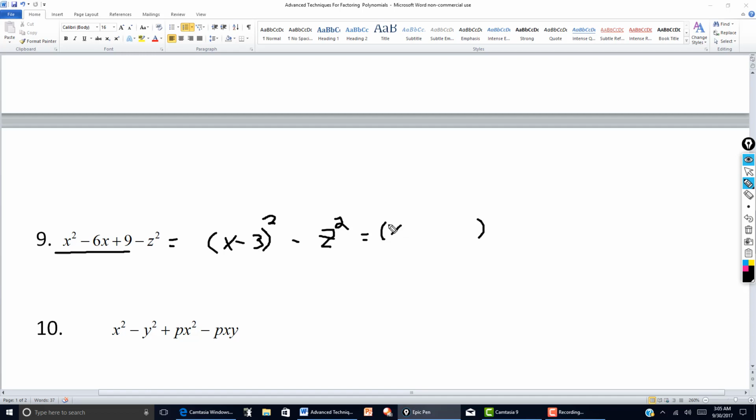The square root of x minus 3 squared is x minus 3, and the square root of z squared is z. So this factors into x minus 3 minus z, and x minus 3 plus z.